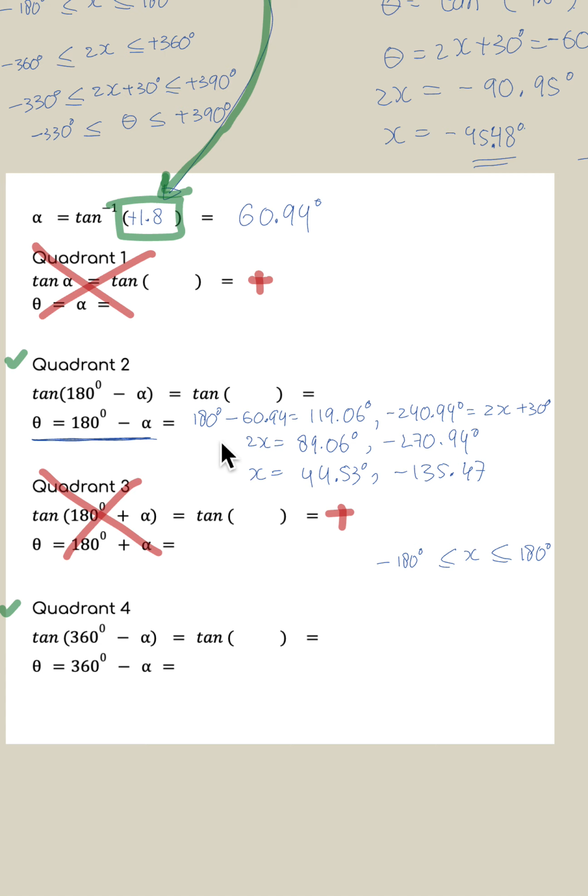For this one, the angle is 360 minus alpha. So 360 minus 60.94. How much do you get? You're getting 299.06 degree. And don't forget, you minus away 360.